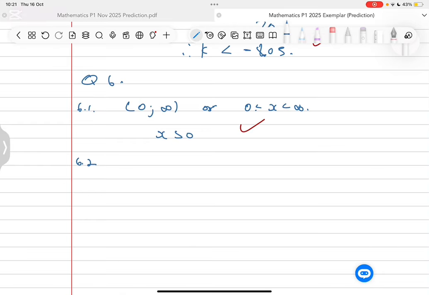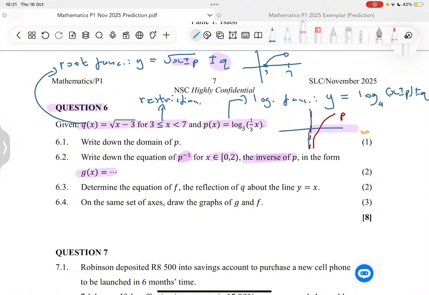Now, if we take our original function P, it is defined by P of x is equals to the logarithm of 1 over 3x base 3 here. Now, when we want to do the inverse, the first step that we do is to really interchange x and y, because what we do with an inverse is that we swap the x axis with the y axis.